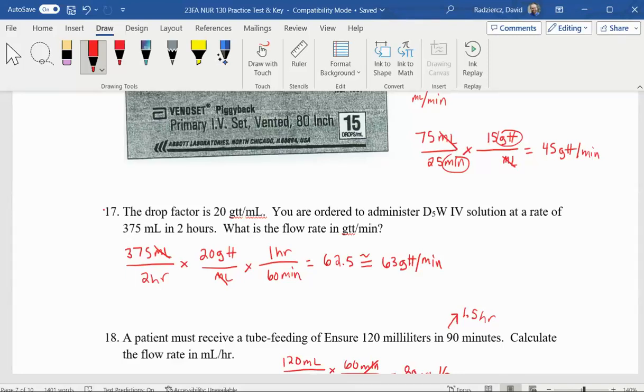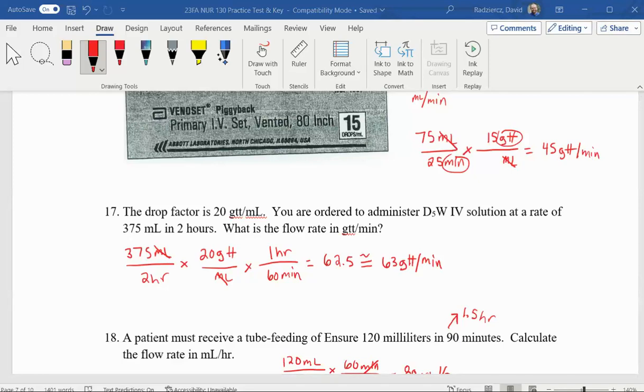So if you got an answer of 63 drops per minute, you're sitting in the patient care room, and you have to choose between 60 and 65. I'm sure there's a protocol that you follow to do that. So don't think too deeply into that. We're just trying to focus on math, basically.